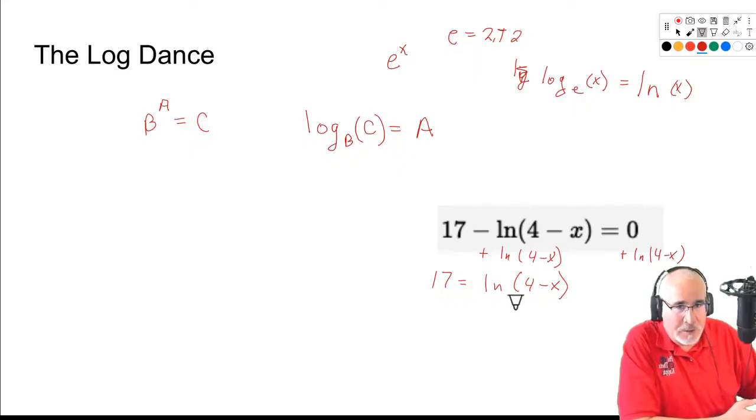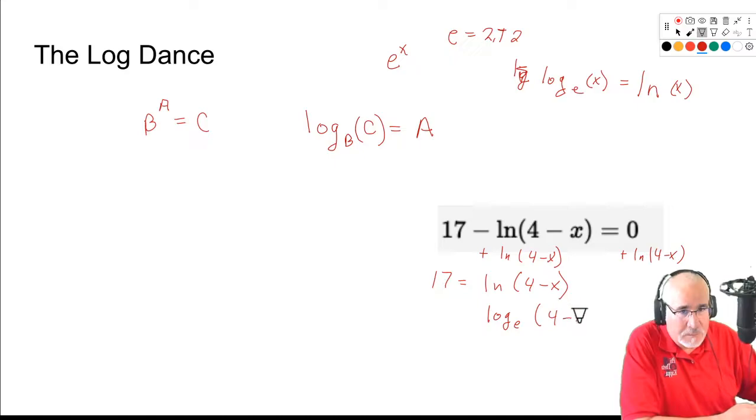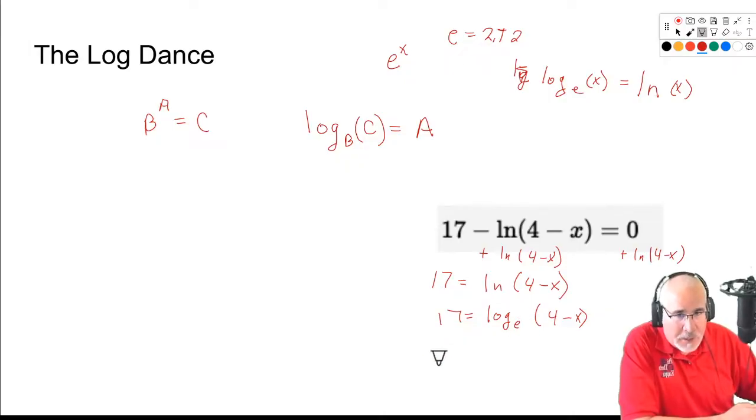And what we're going to do is the log dance, right? Remember, this is log base e. I'm going to write it that way because that's going to tell me what my base is. So in the log dance, the base stays the base. The answer of a logarithm becomes the exponent, and the input becomes the answer.